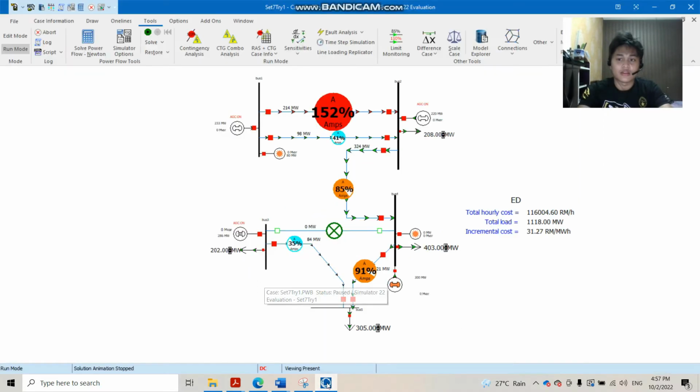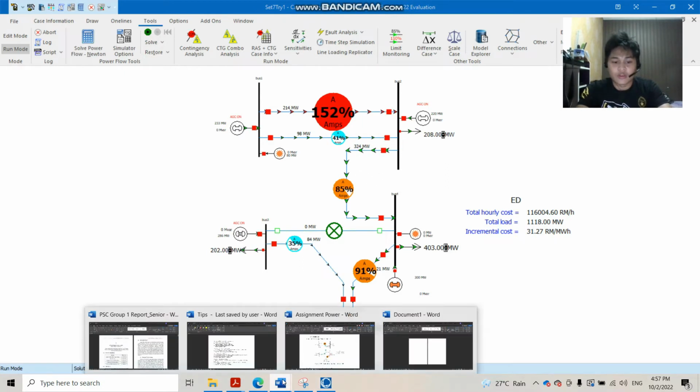We planned to add the generator at bus number 4, but it would increase the flow of current in transmission line number 1. So we moved the generator from bus number 4 to bus number 5, so the transmission line will be more stable.